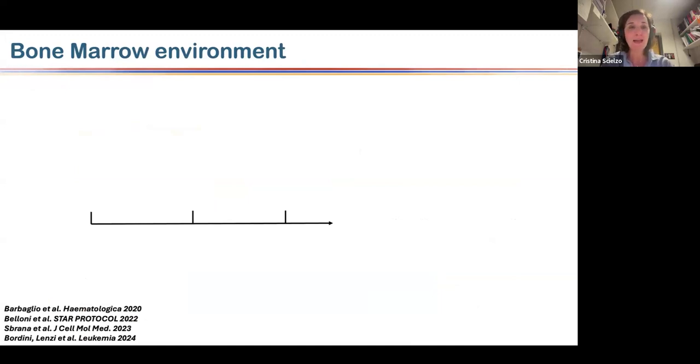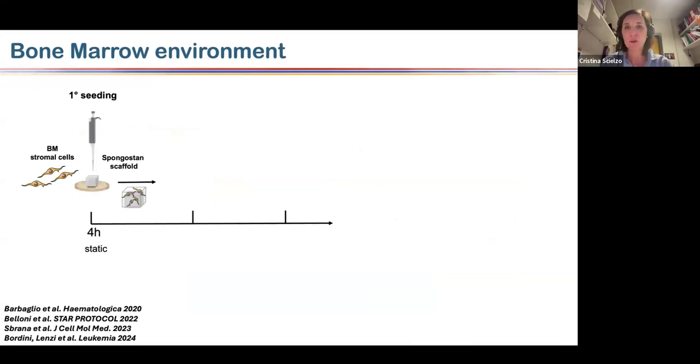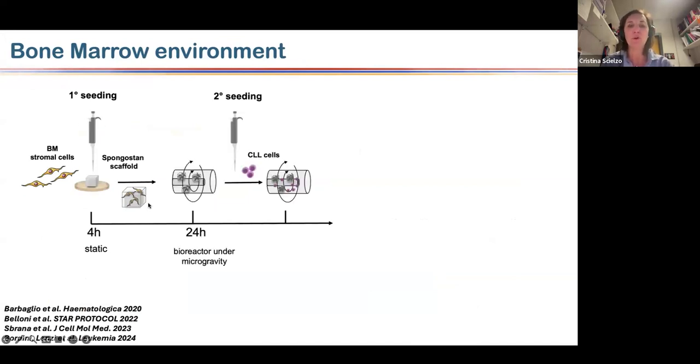We start from that and we optimize it for chronic lymphocytic leukemia. So we use a spongostan scaffold, which is mainly a sponge made of collagen. We seed bone marrow stromal cells and we put it for 24 hours in the bioreactor under microgravity. After 24 hours, we seed leukemia cells in the bioreactor, and then after 3 days, we have our scaffold with the cells inside.